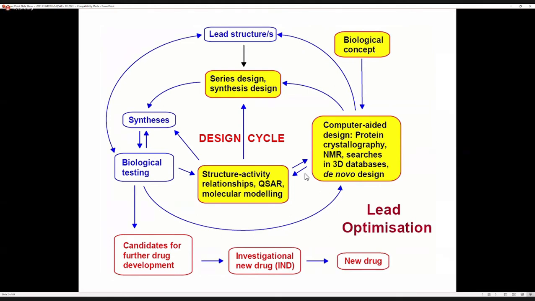Okay, and then these other thousands of molecules, then we screen with structure activity relationship or Qsar lah.